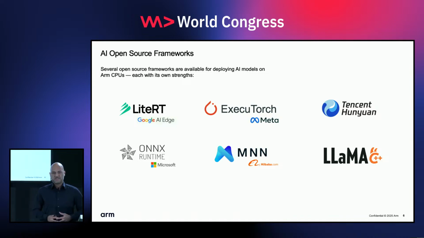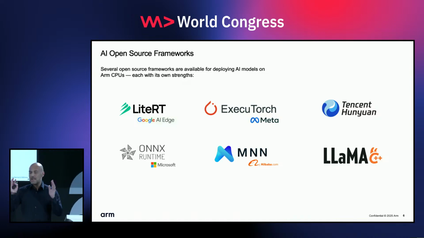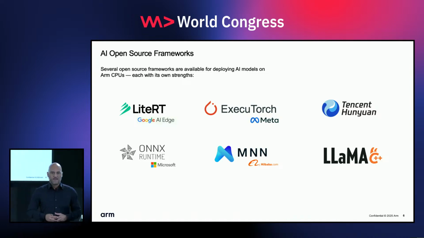What's the beauty of this? Every time I show this slide, I say, this is great. This is great because each framework, whether it is LiteRT, ExecuTorch, Tencent Huion, ONNX Runtime, MNN, Llama.cpp, each one brings their own strength. Each one has a particular feature that makes the framework relevant for a particular use case.